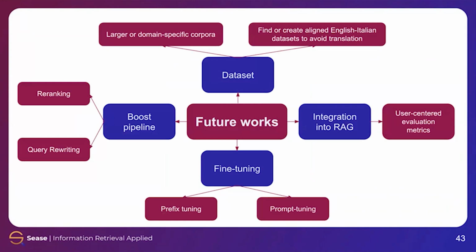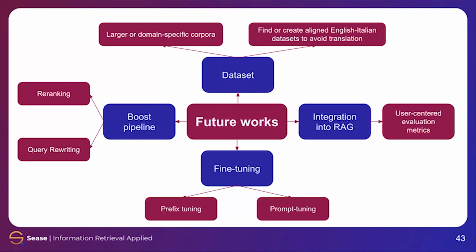For example, I didn't evaluate the semantic search system inside an actual RAG pipeline, so we don't have user-centered metrics. And the dataset was not the best, as I said before.